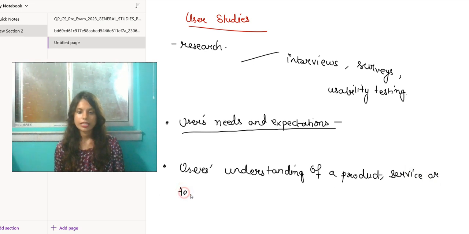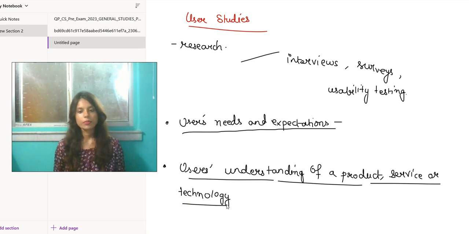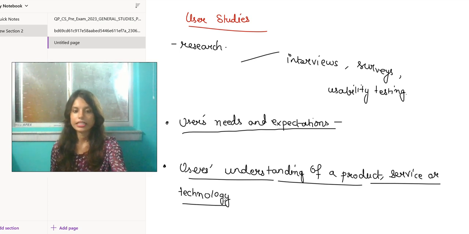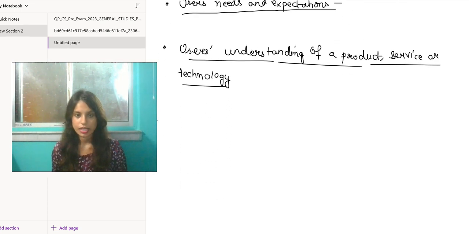Now user studies can be used to gather information about how well users can understand a product, or how well they can understand a service, or how well they can understand a technology. Based on this, the information can be used to make products and services easier to use and to understand. Okay, that is how we can understand users' understanding of a product or a service.